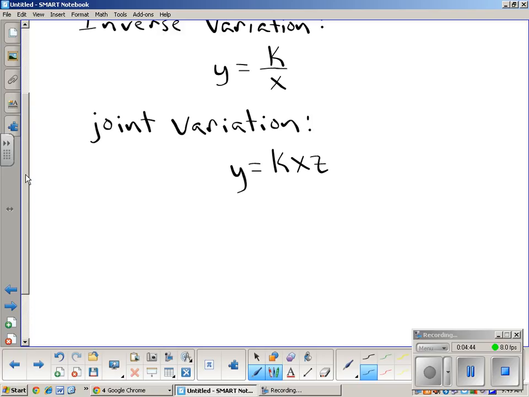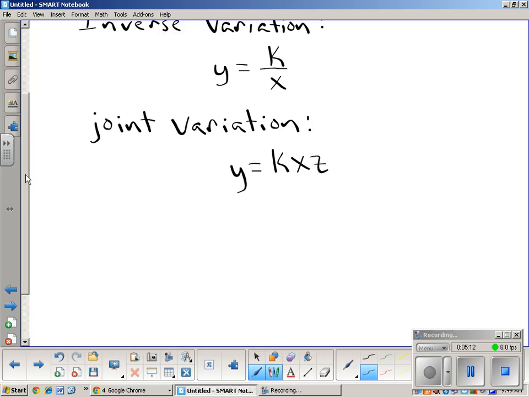We'd have to use a three-dimensional graph, which isn't where we're going to go. We could have more variables in our equation. If we wanted to graph them, we would just isolate one of the variables and draw a graph showing the relationship between these two, and then another graph showing the relationship between the other two variables. We're not going to do any of that.